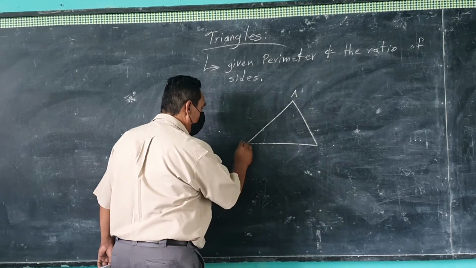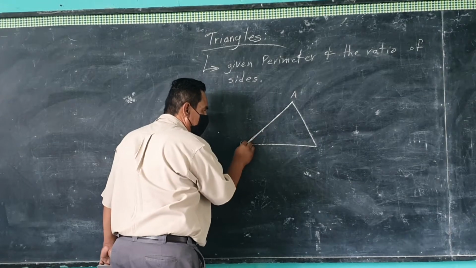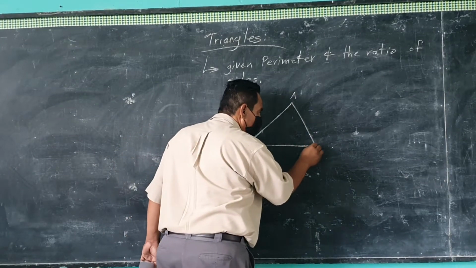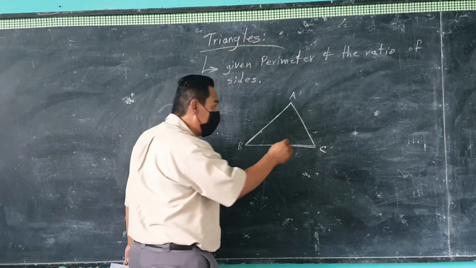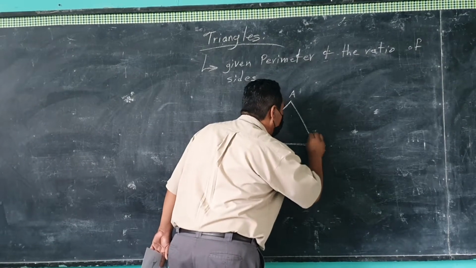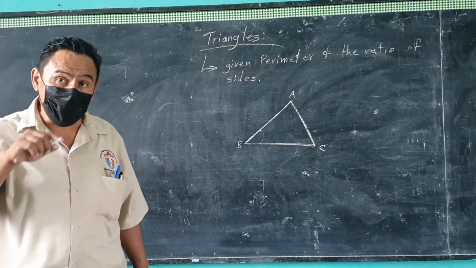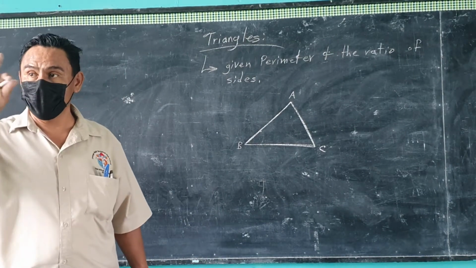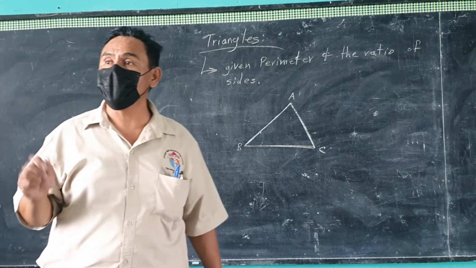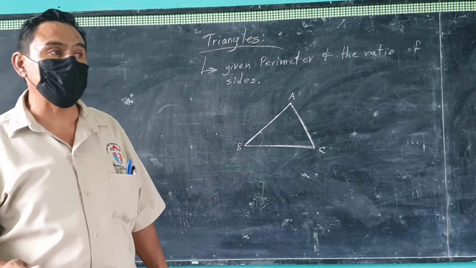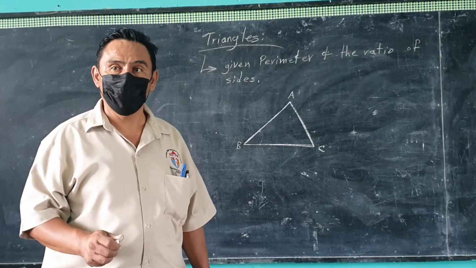The distance that you travel from A to B, look at this, and then the distance that you travel from B to C, and then the distance from C to A. So what you do there, you add the three of these here, and you call it perimeter. That is what we mean by perimeter. Distance around. Is that clear?